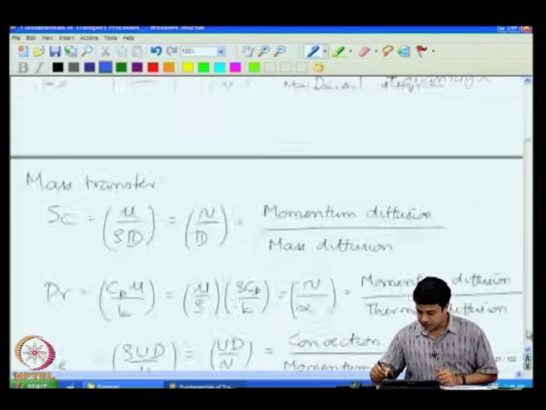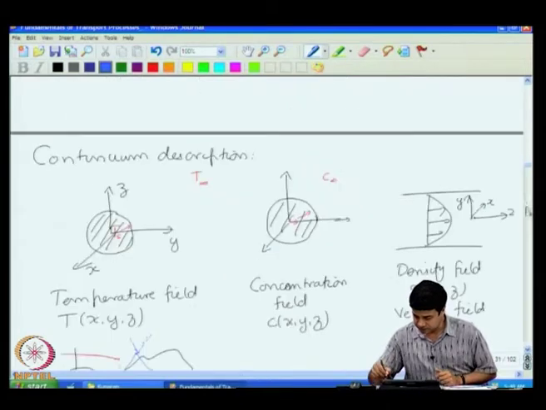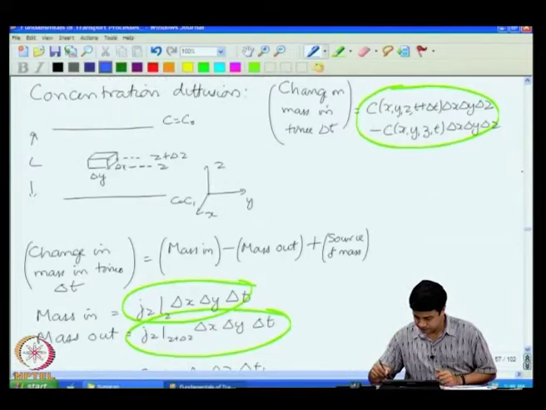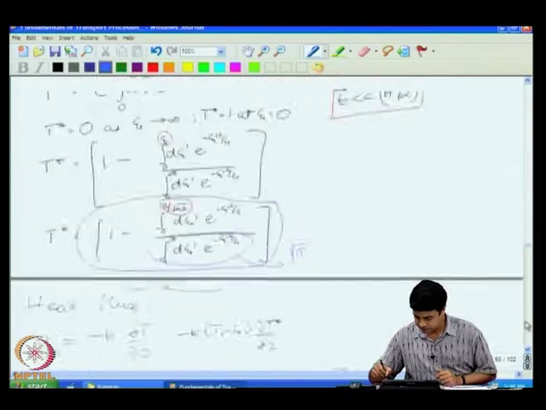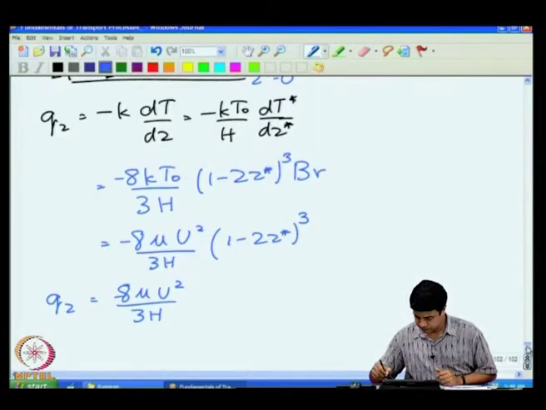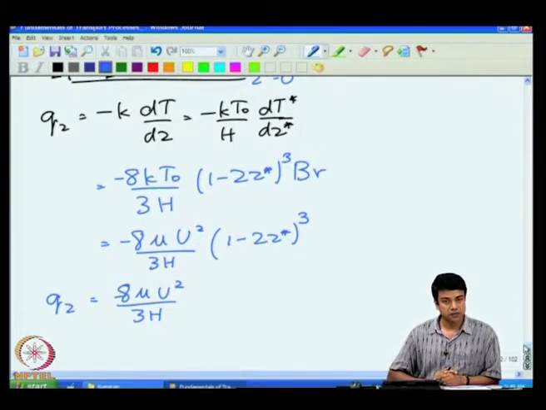In the problem that we had just solved, I told you what is the heat energy generated due to viscous heating. This heat energy generated due to viscous heating represents an interconversion of energy between mechanical energy and heat energy.